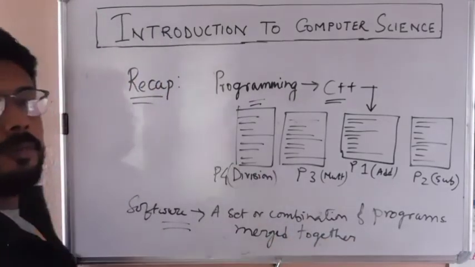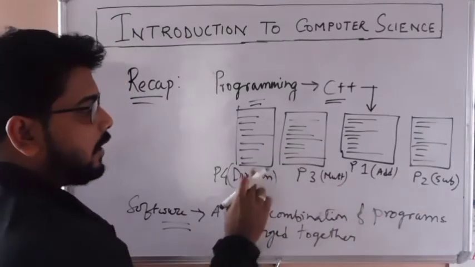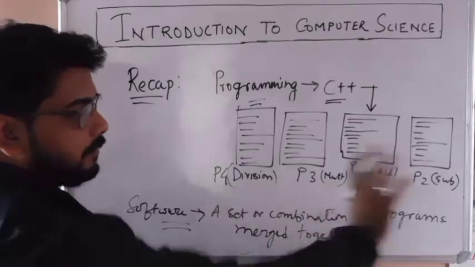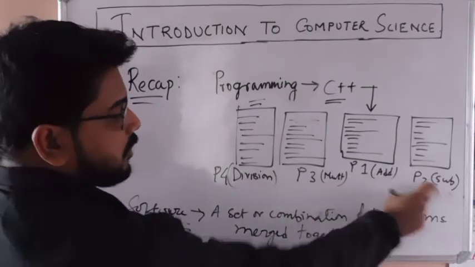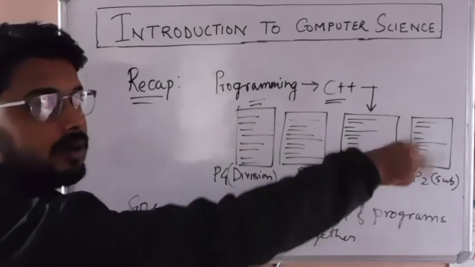Now, from a very rough guess, can you all guess that? Suppose I have these 4 modules, these 4 programs: addition, subtraction, multiplication, division. These are all different programs, they are working differently.